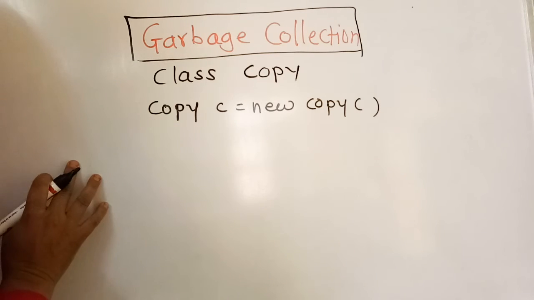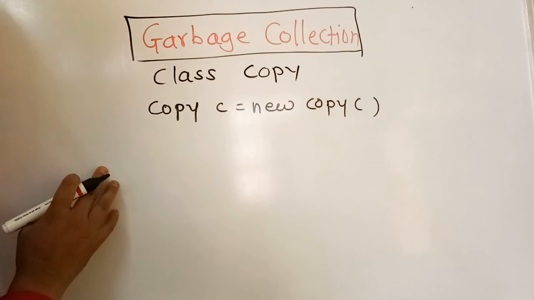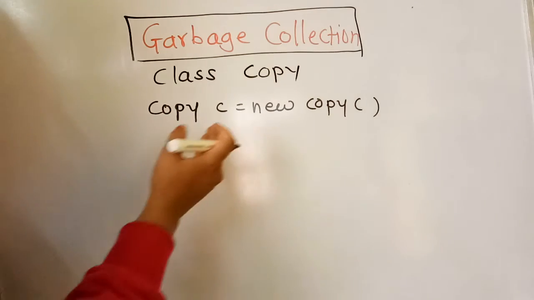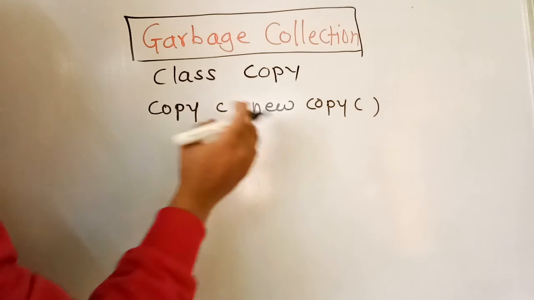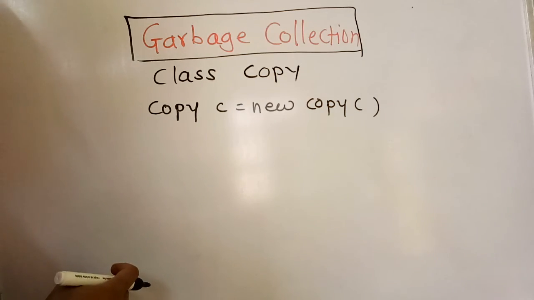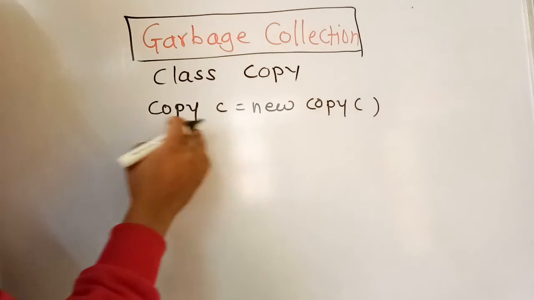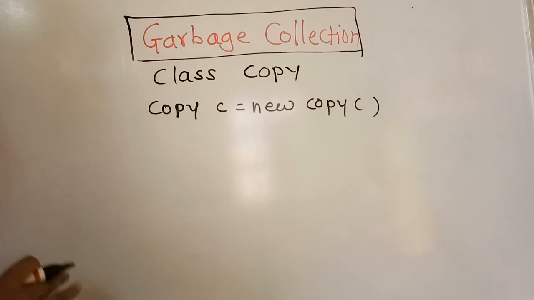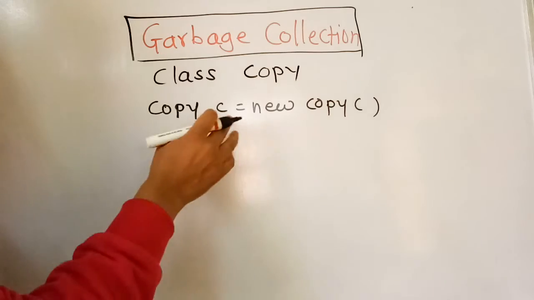You are using it for some time. Then after some time, you are not aware whether it is in a live condition or a dead condition. Till the program is in running condition, you know that this object is created and memory is allocated.